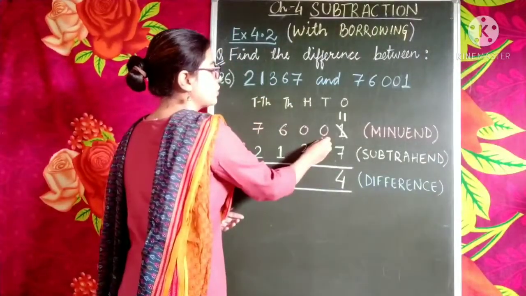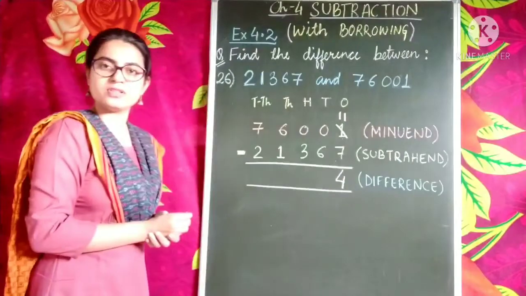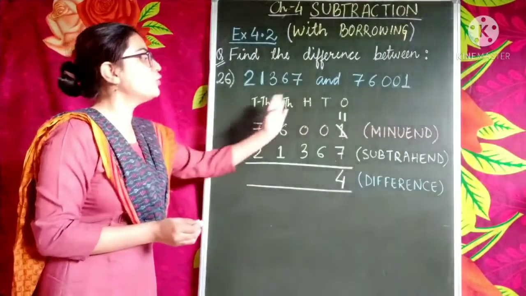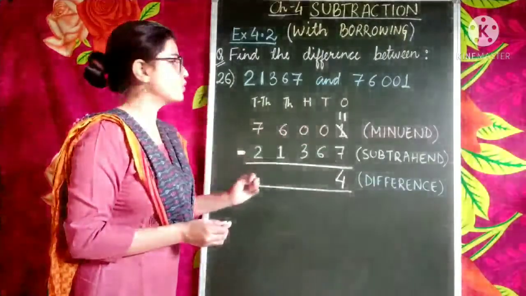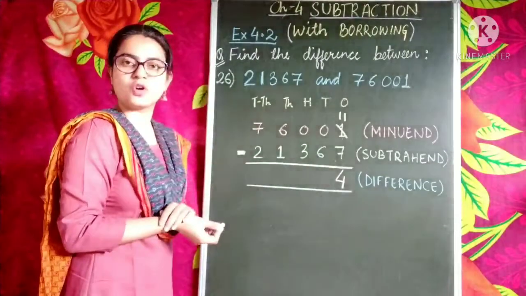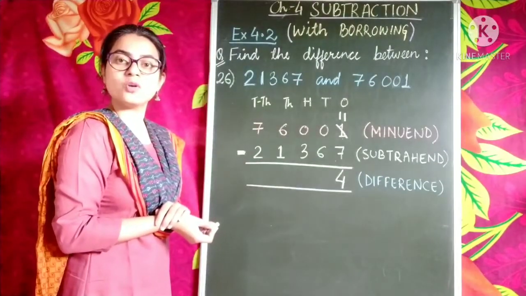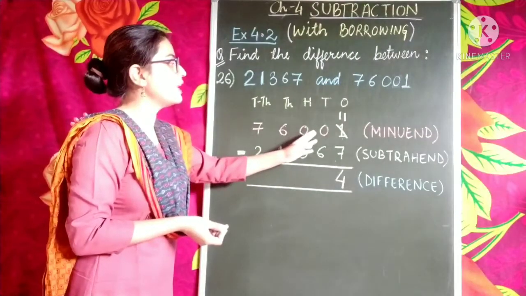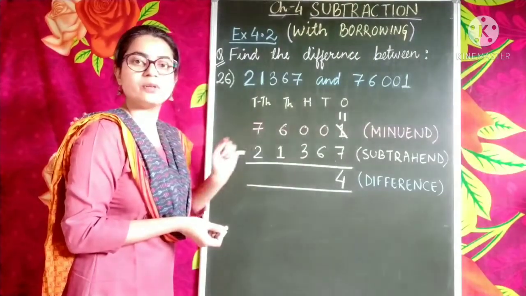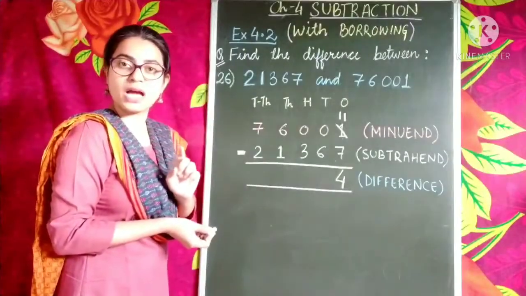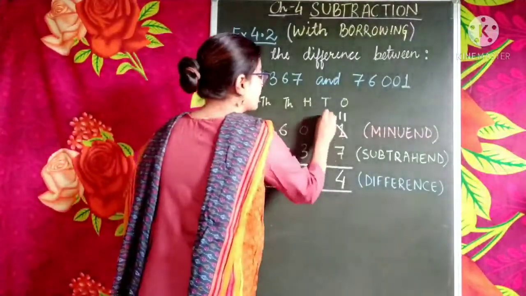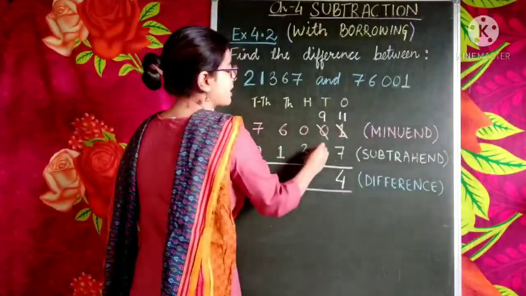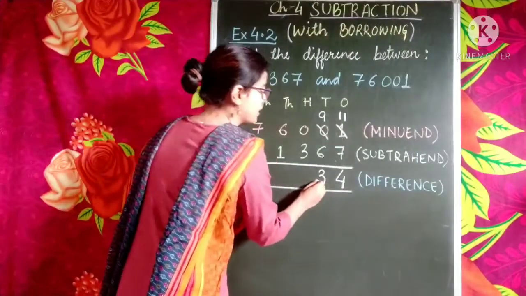Now, coming to 0. 0 already was 0, but it was kind enough to lend 1 ten to 1. So, now 0 minus 6 is not possible. So, what will 0 become? It will become 10 tens. But it has already given 1 ten to 1, so it will become 10 minus 1, 9. Now, 9 minus 6 is 3.